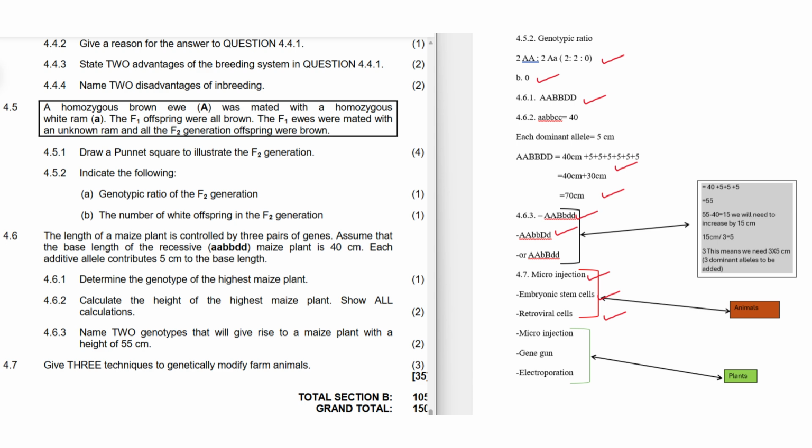Also, the recessive allele has to be homozygous, with 2 small a's, so that we can have a white cow.